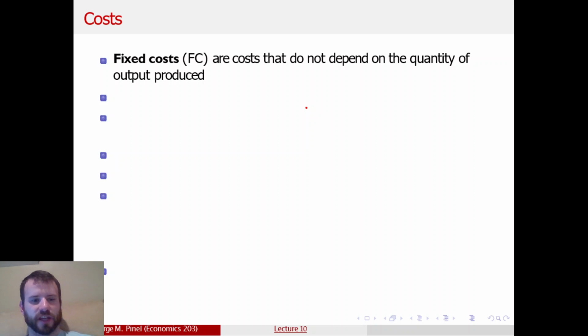You have to buy a deep fryer if, let's say, you're starting an accounting firm. You have to hire core staff who are on salary for maybe a year, maybe more. So you have different costs that you incur regardless of how much quantity you produce.